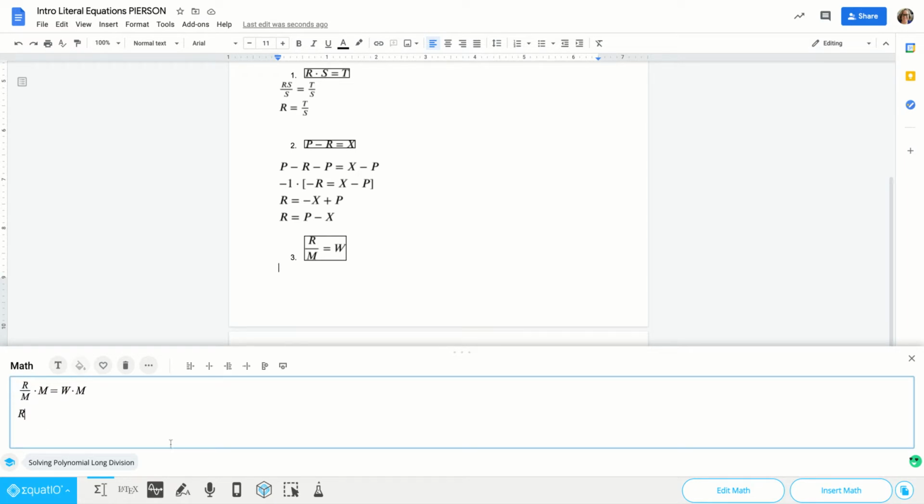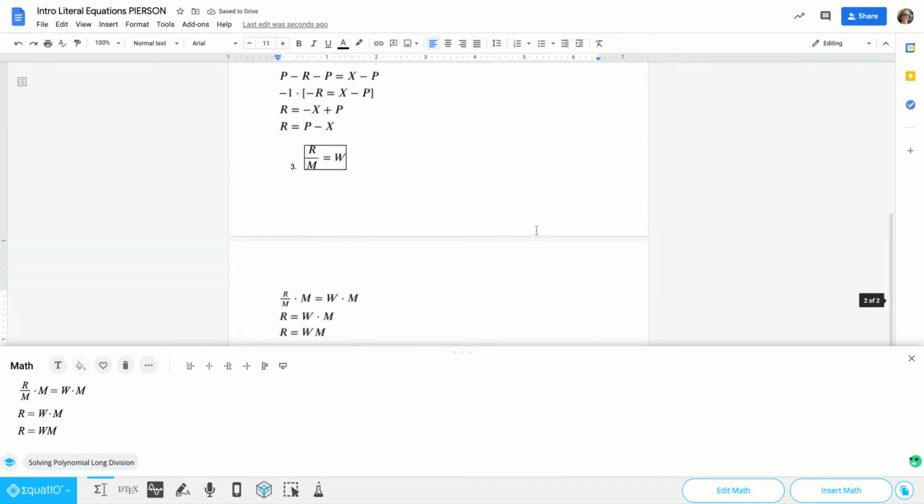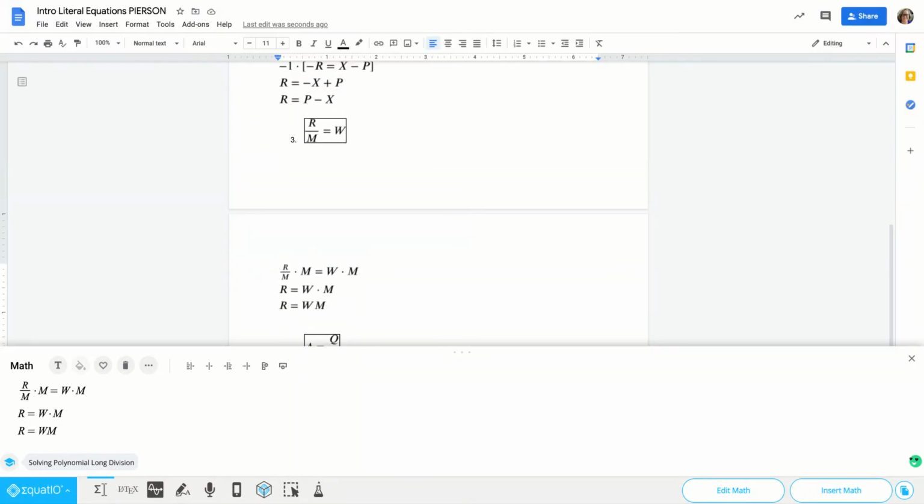And I have R by itself on one side of the equal sign. And we still need W and M on the other. It would be also correct to write this as R equals WM without the dot in the middle. That's fine. All right, I'm going to insert the math. And there's my answer.